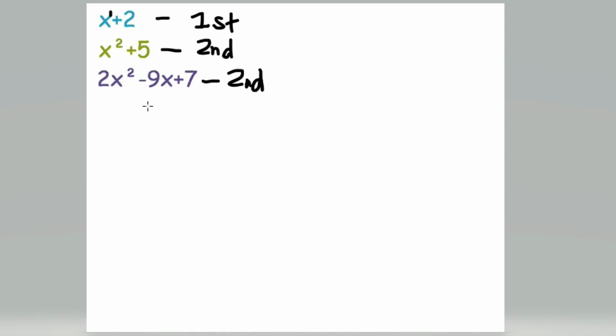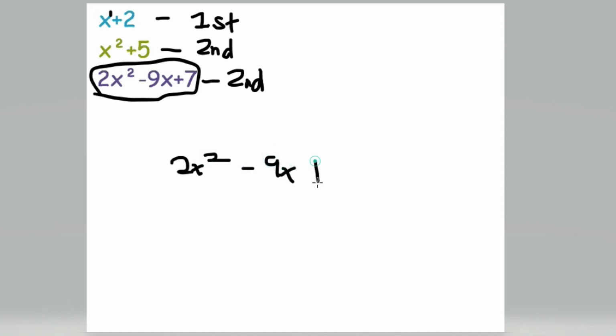For example, let's use this polynomial. So, 2x squared minus 9x plus 7. So, mga coefficients dito ay yung katabi ng mga variables.